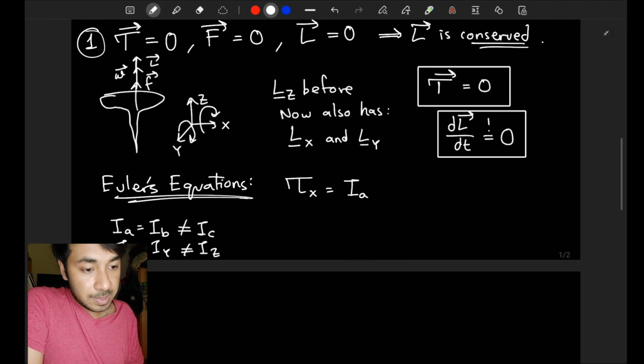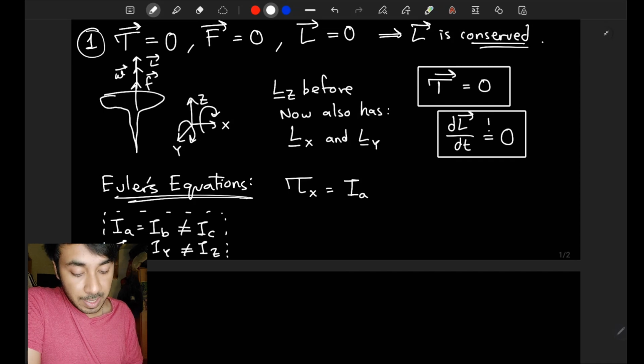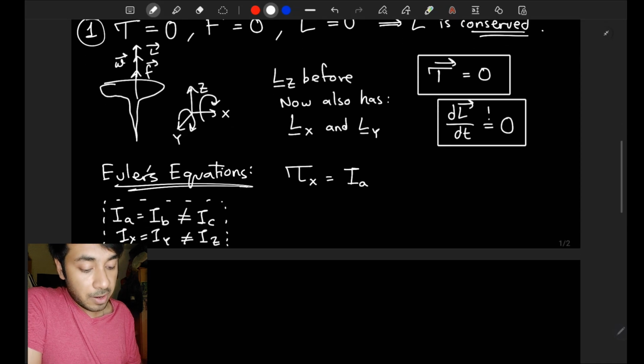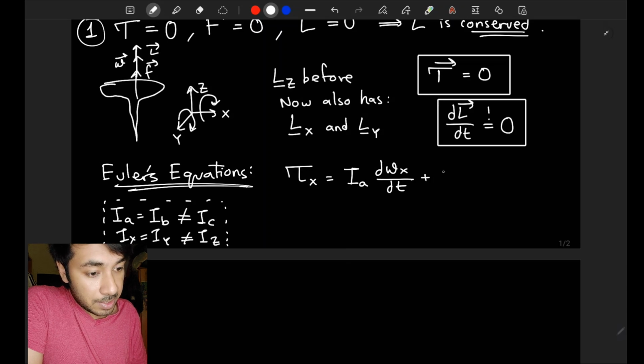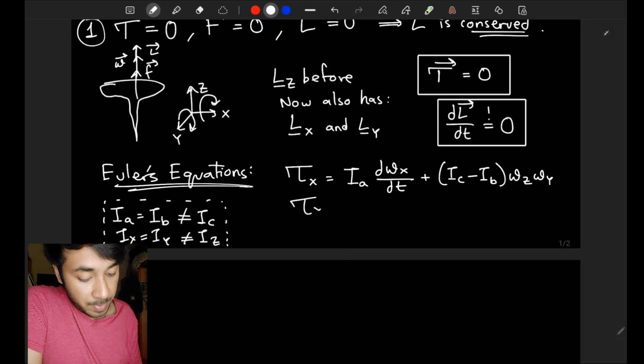But what you can basically see, as a side note, is that if we now go for the Euler's equations, the x component of torque will be Ia d omega x dt, so the time change of it, and then IC minus IB omega z omega y.